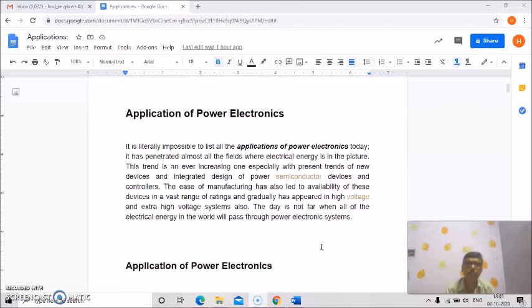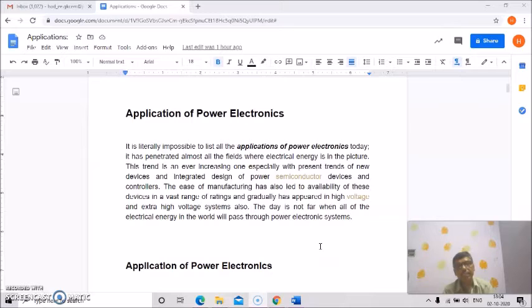The applications of power electronics: literally it is impossible to list all of them today. It has penetrated almost all the fields where electrical energy is in the picture. This trend is ever increasing, especially with the present trends of new devices and integrated design of power semiconductor devices and controllers.